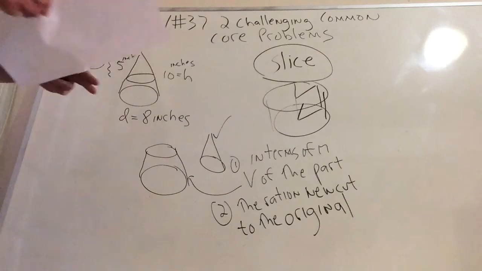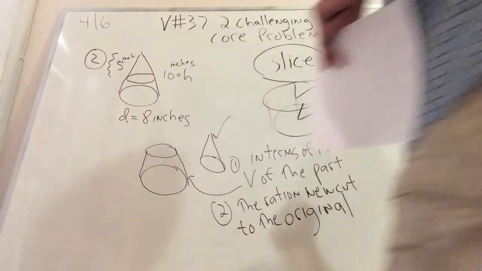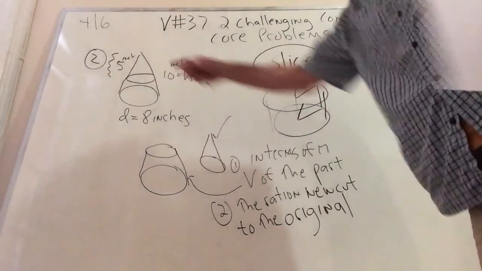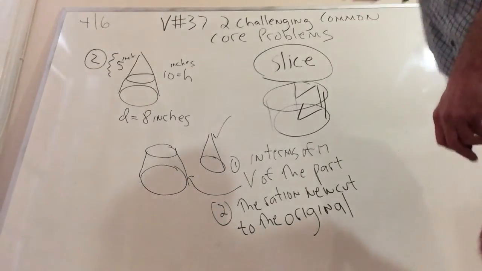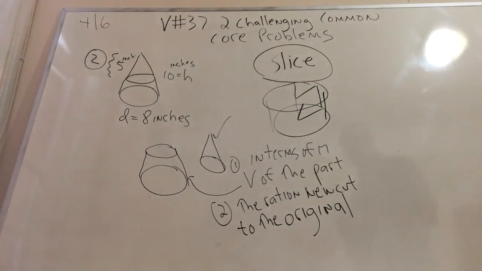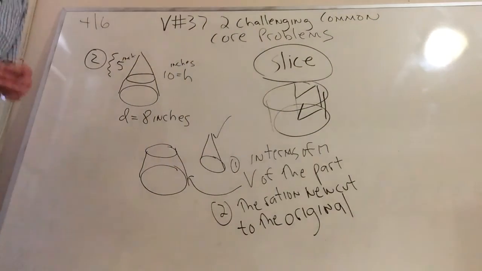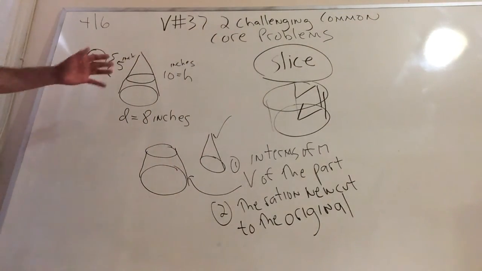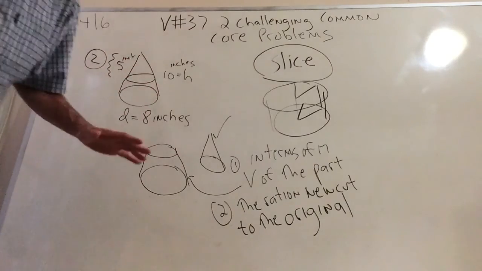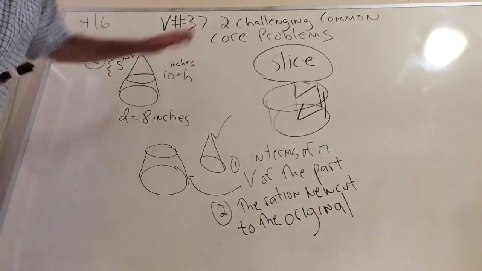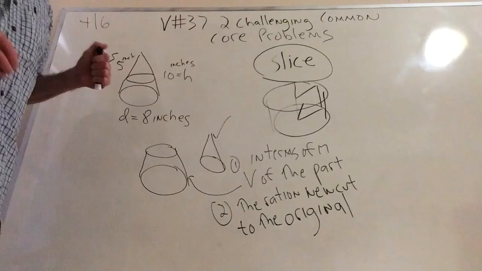To the part, yeah, to the new cut. So it would be the little guy to the big guy. And I'll do that problem in detail tomorrow. I propose it to you as a problem to further your education as we move along in this subject, getting closer and closer to our test. So there it is, two challenging problems as promised.